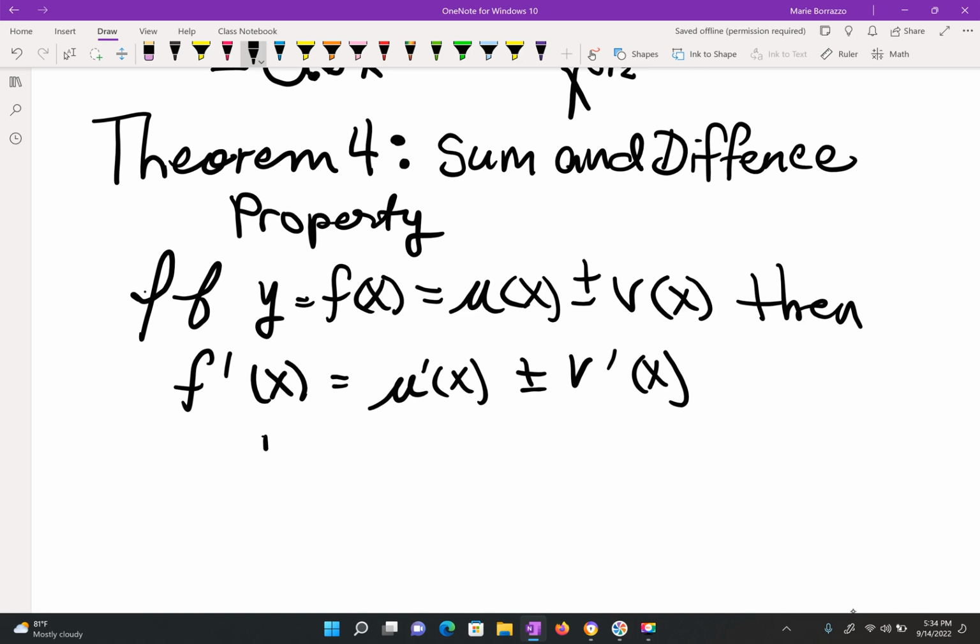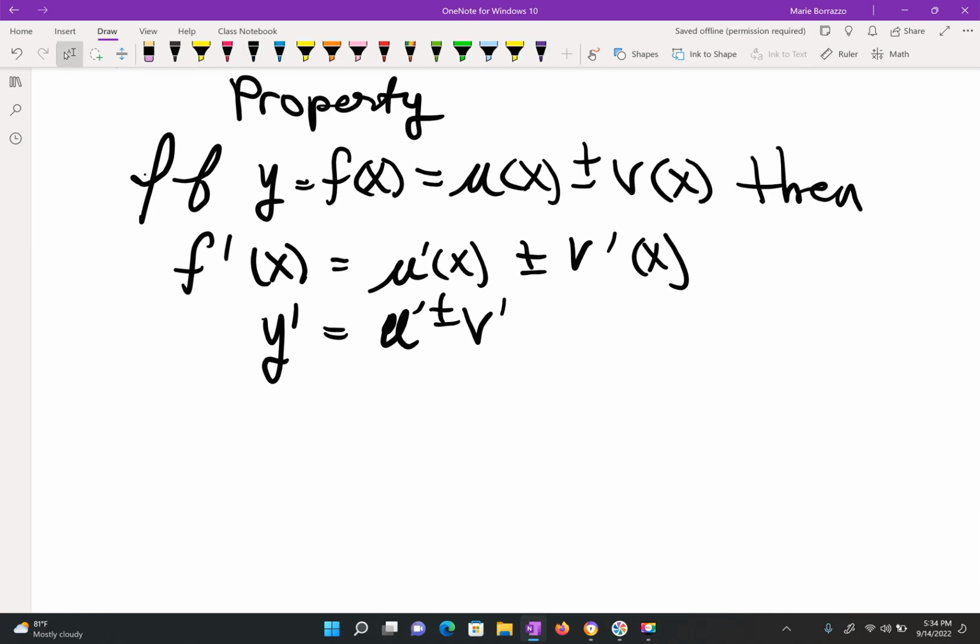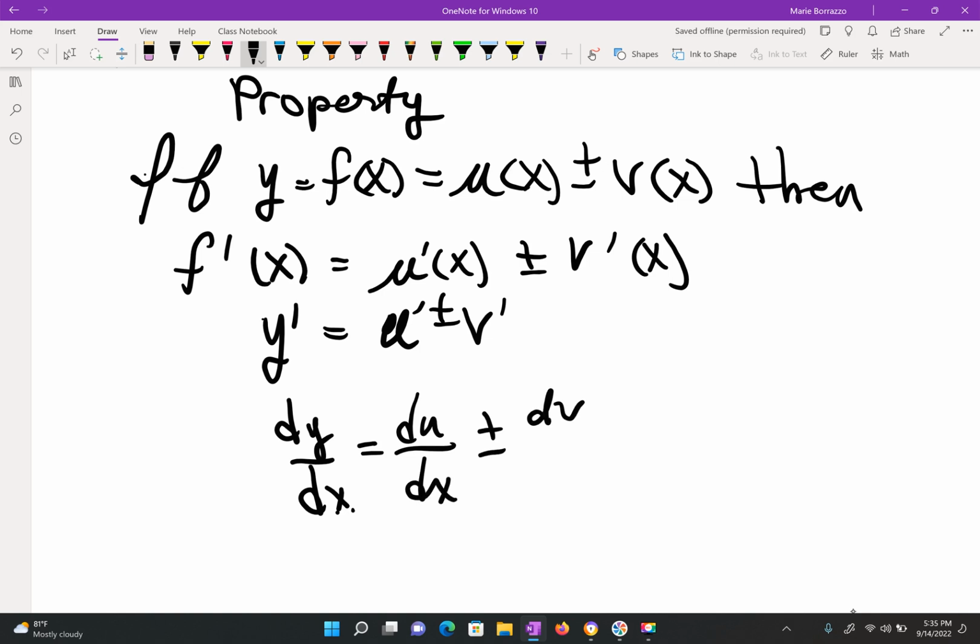Same thing applies if I have y prime is equivalent to u prime plus or minus v prime. And another way that this can be expressed is if I have dy over dx, this is equal to du over dx plus or minus dv over dx.